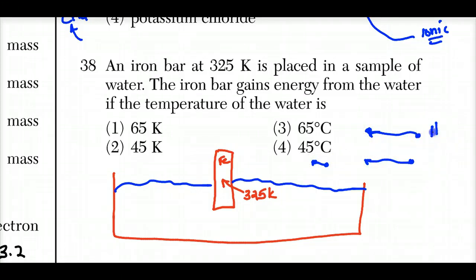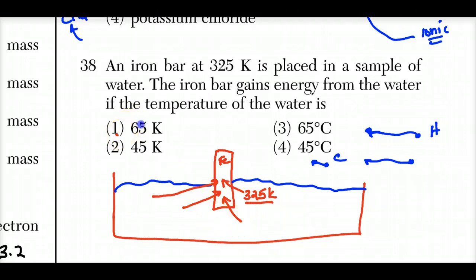So heat flows from hot to cold. So in order for the bar to gain energy from the water, the water has to be warmer, has to move faster, for energy to flow. So I'm looking for a temperature that's greater than 325 Kelvin.